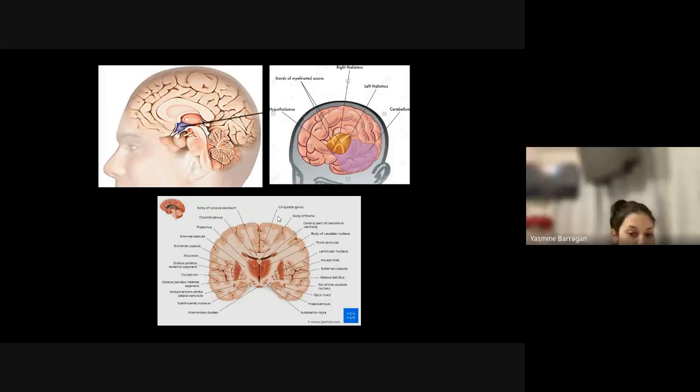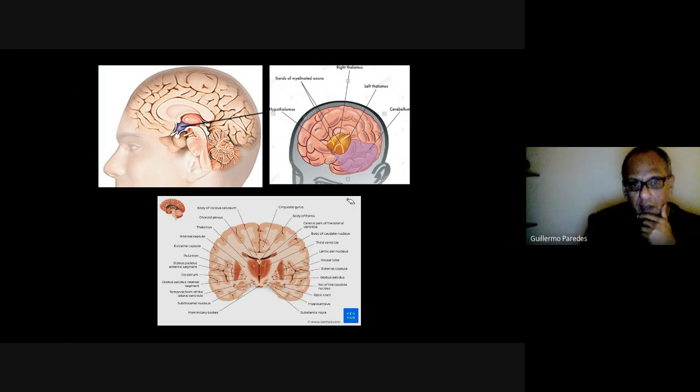Okay. Yes. Excellent. So here we have the diencephalon. Diencephalon, please, the seeds of the orange. The seeds of the orange, that is the diencephalon. Inside the diencephalon is the whole area that is composed, in part, by the hypothalamus. So here this is the hypothalamus, and this area is going to be the pituitary gland.